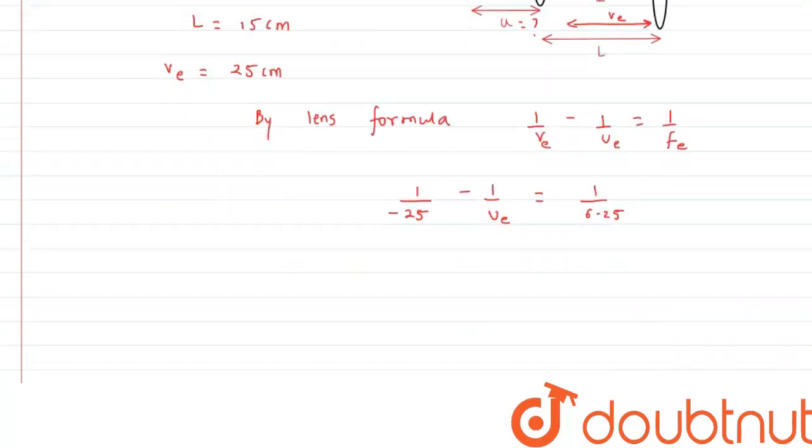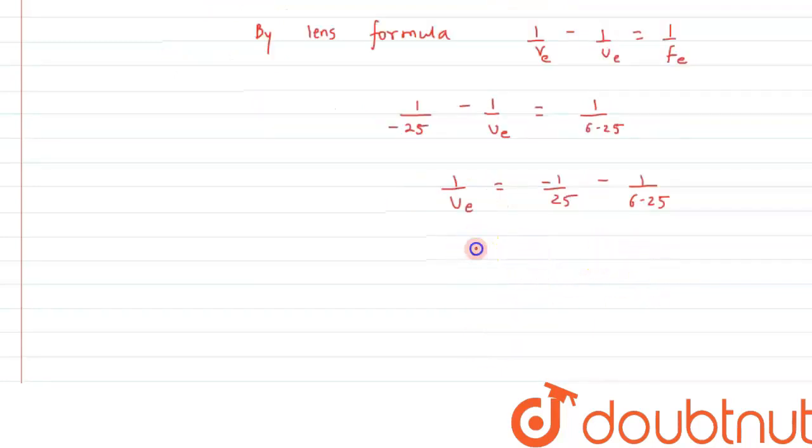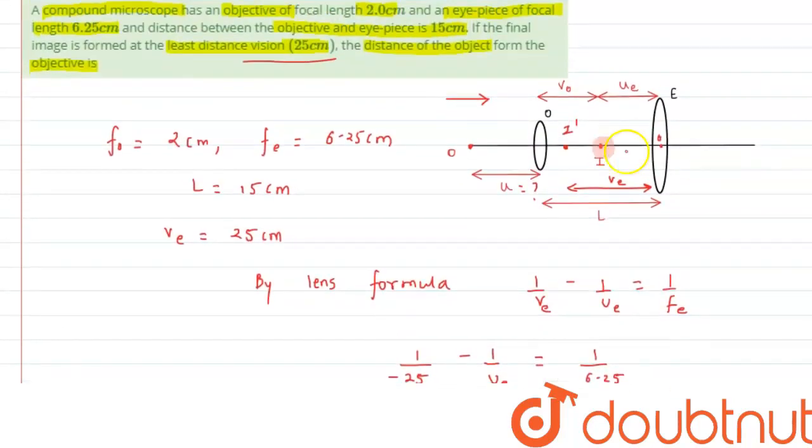So from here we can get the value of UE. 1 over UE would be minus 1 by 25 minus 1 by 6.25. Therefore the value of UE we are getting is minus 5 centimeter. Alright, so this is the object distance for the eyepiece, that is UE.